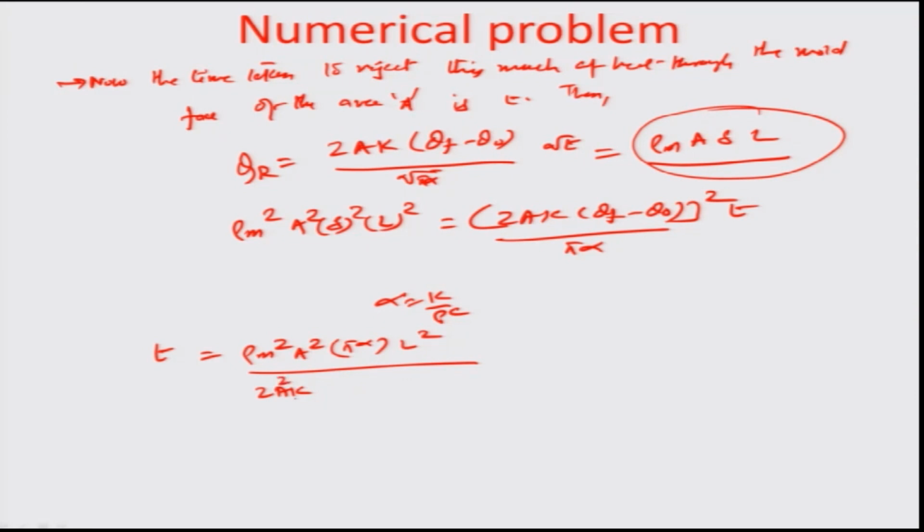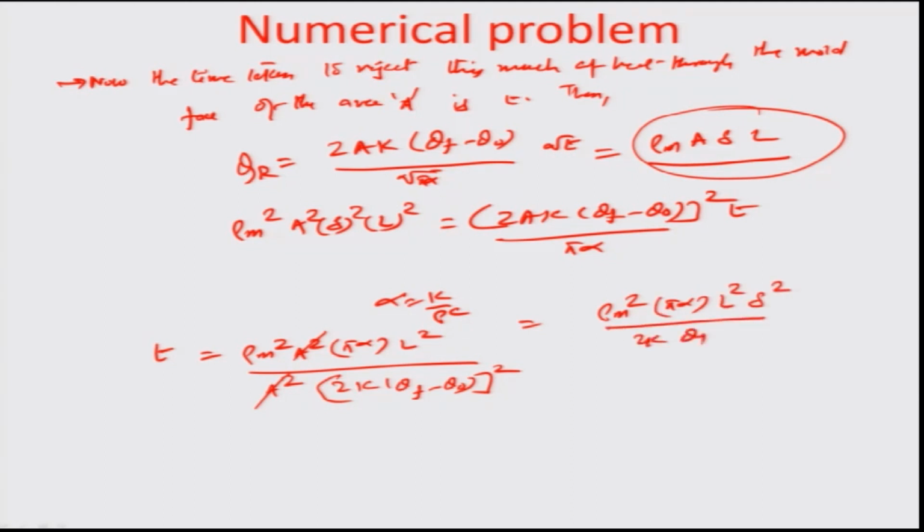Let us say we just take out the square of A. So we have A square times twice k theta f minus theta 0 whole square. Okay. So I am just doing the algebraic calculation here for the purpose of T, and these terms go off and we are left with a term rho m square pi alpha square of L delta square divided by twice k theta f minus theta 0 square.